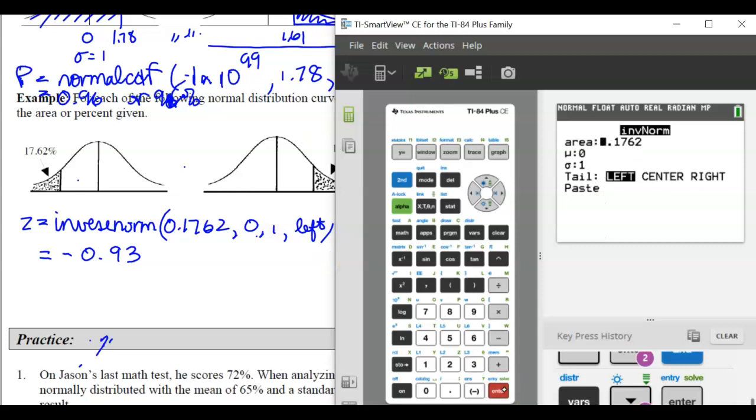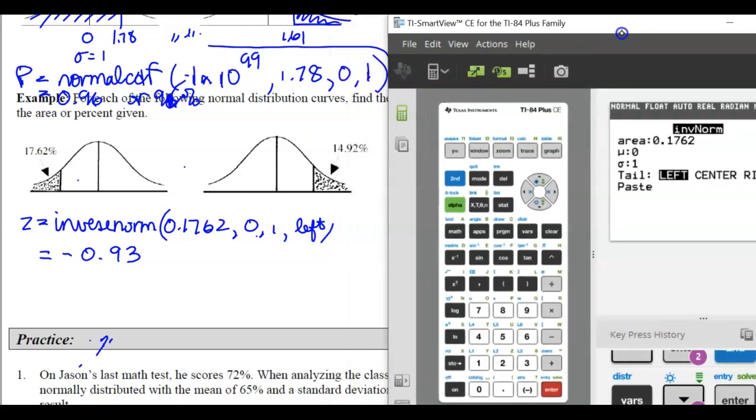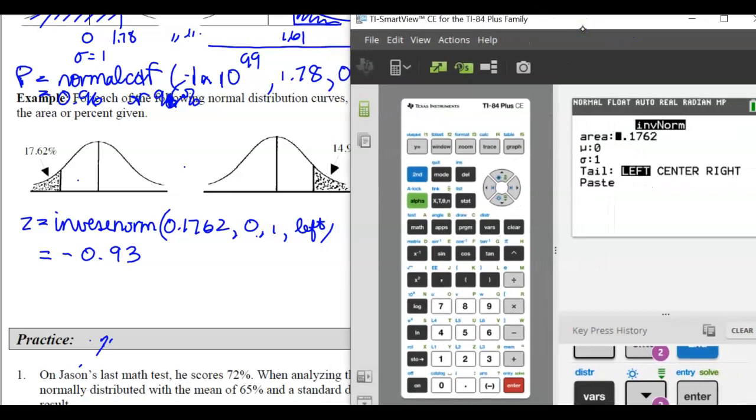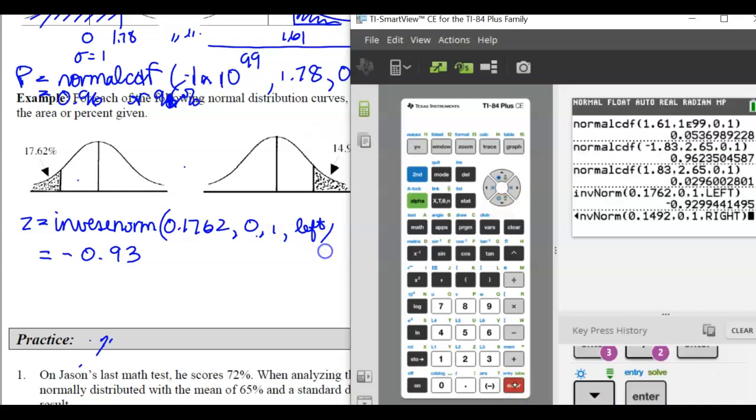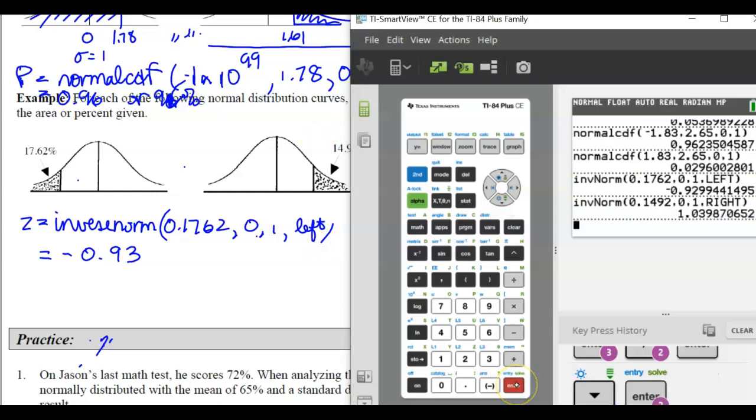Okay, so now our percent is 14.92, so 0.1492, 0, 1, and cursor to the right. Okay, it's the right tail. Cursor down, paste, okay, and so that gives you a positive z-score of 1.04.